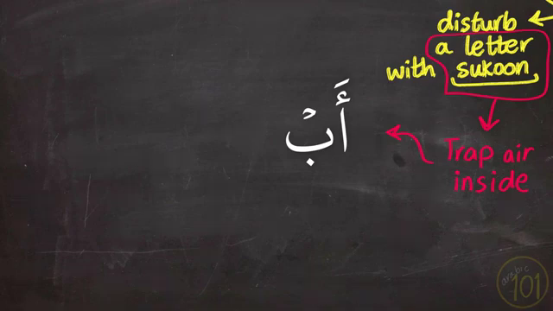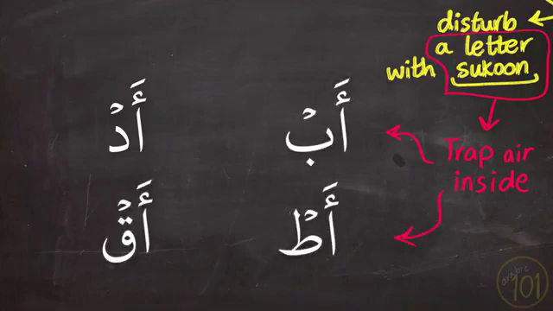But as you can hear, the letter sounds very muffled, and in fact, it would be very difficult to distinguish between these two, for example. Ab, ad, ad, ab, or between these two. At, at.